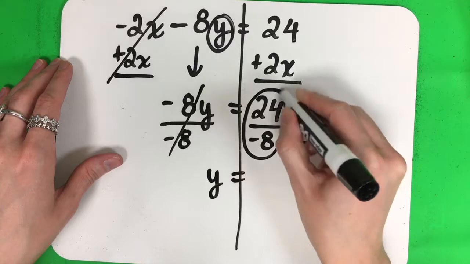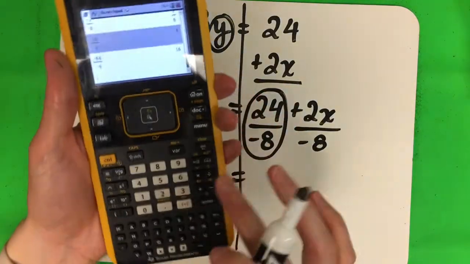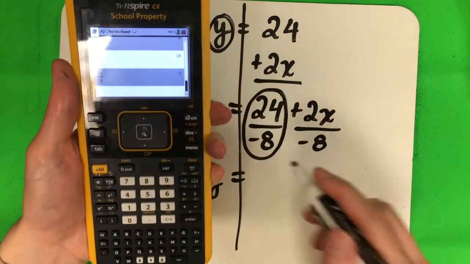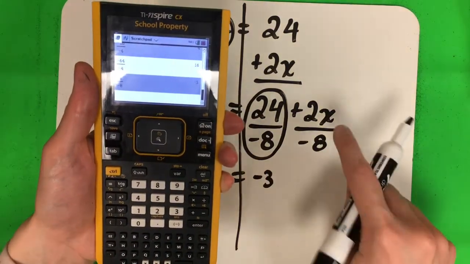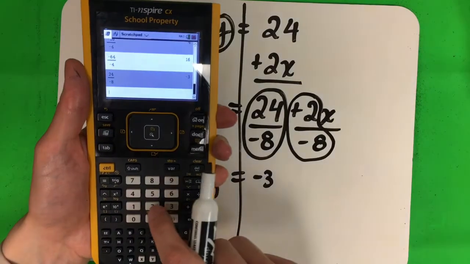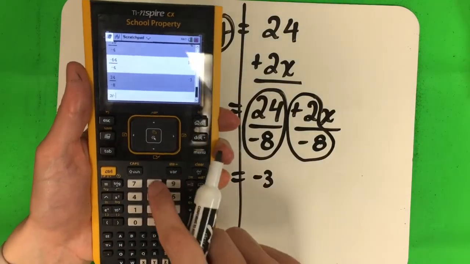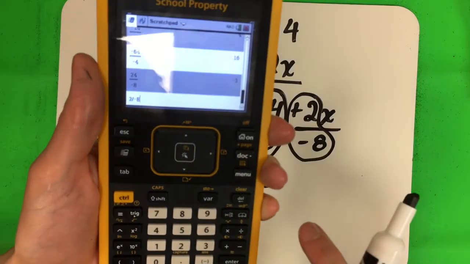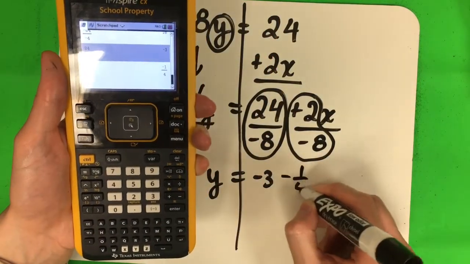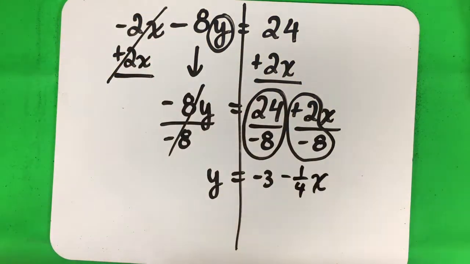This is 1, it cancels, copy y equals. Put in the calculator 24 divided by negative 8. Negative 3. And then in the calculator 2 divided by negative 8. So 2 divided by negative 8, no plus in there, just 2 divided by negative 8. Negative 1/4 with an x.